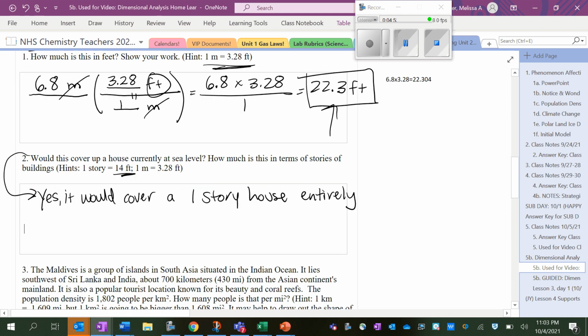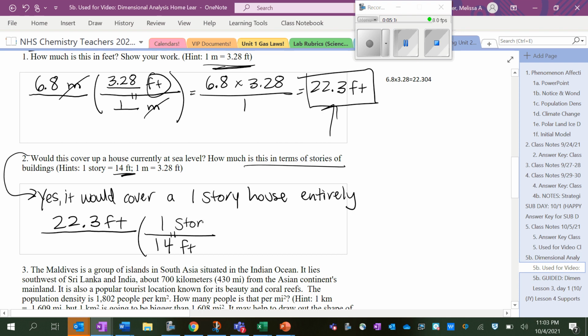Okay, let's figure out how many feet this is in terms of stories of buildings. Okay, so sea level would rise 22.3 feet if all of the land ice on Greenland melted. We know that there are 14 feet in 1 story.